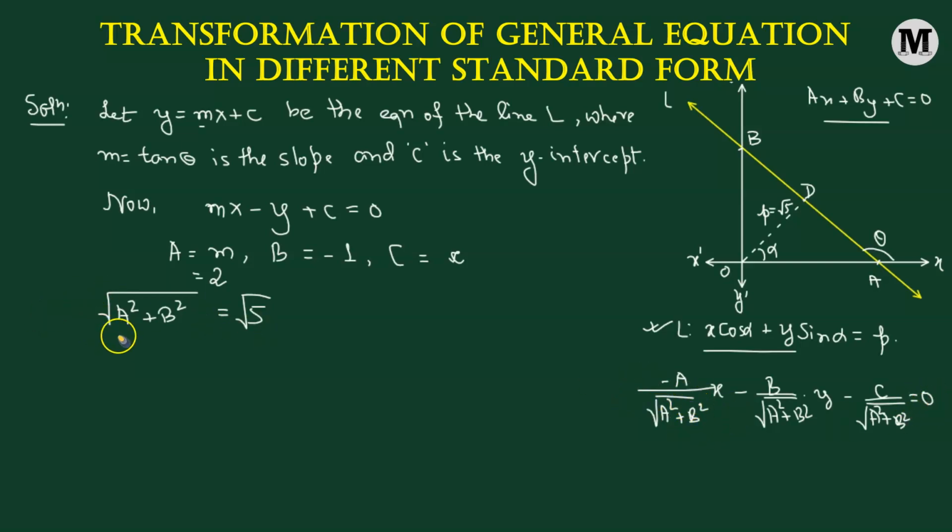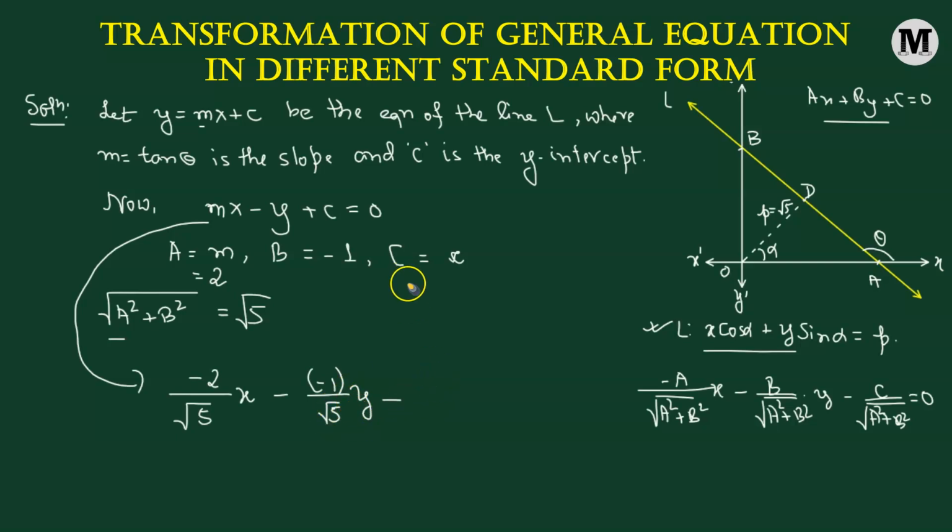So that is why we found out the value of square root of a squared plus b squared, which means that our equation can now be expressed as -a. So what is -a here? -a means we have m value is +2. So we have -2 divided by square root of 5 times x. Then we have -b. So b corresponds to -1, so we get +1 divided by square root of 5 times y.